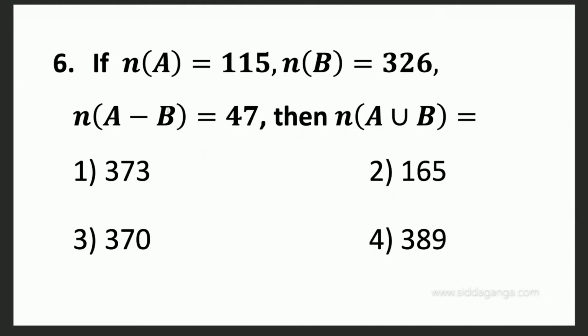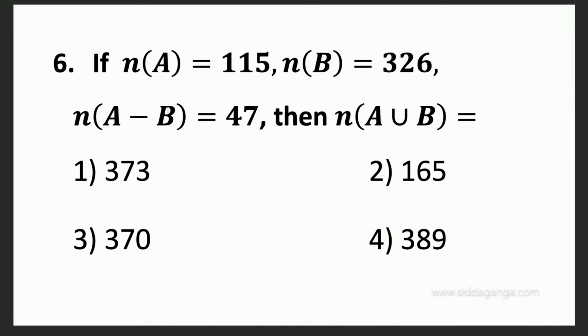n(A) is equal to 115, n(B) is equal to 326, n(A minus B) is 47. What is asked? n(A union B).